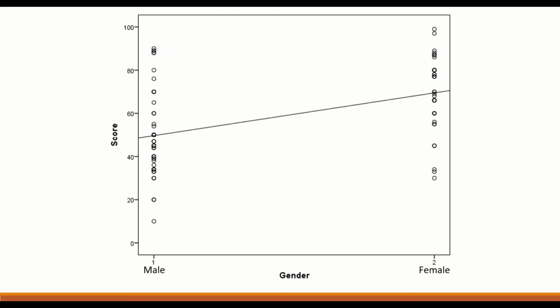You try to establish a relationship between those two variables, also by looking at the scatter plot. The scatter plot shows that there is an increase in the score once you move from male to female.